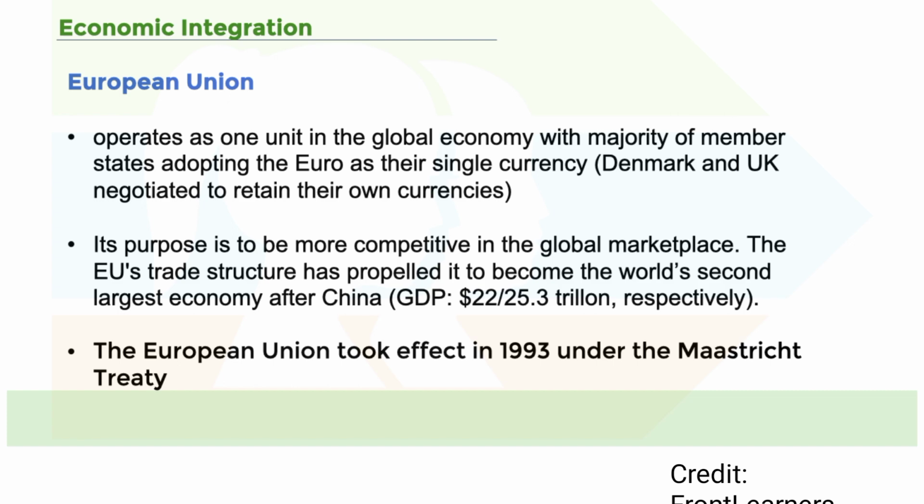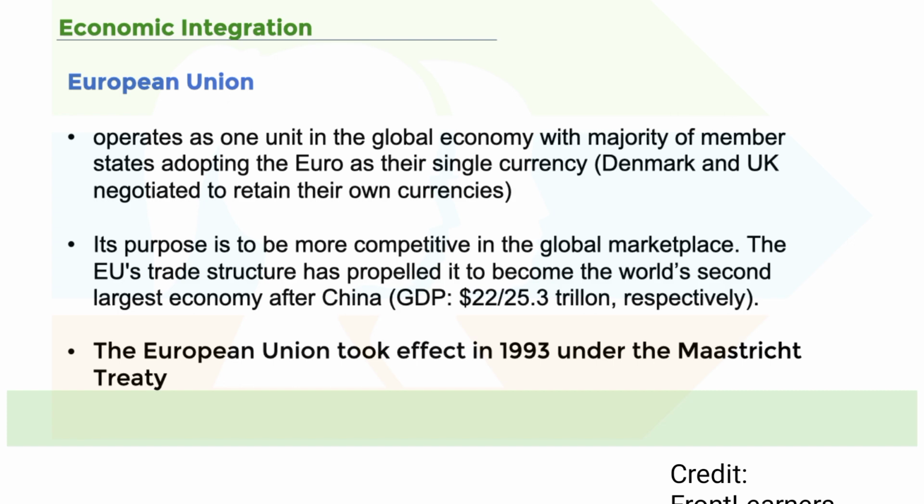The European Union is the example. It operates as one unit in the global economy, with the majority of member states adopting the euro as their single currency. Denmark and the UK negotiated to retain their own currencies. Its purpose is to be more competitive in the global marketplace.